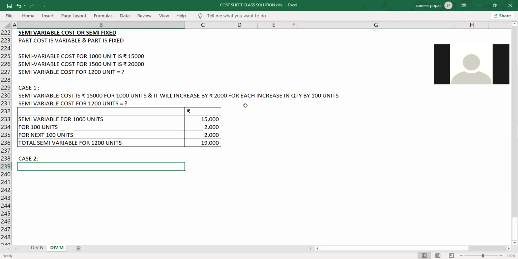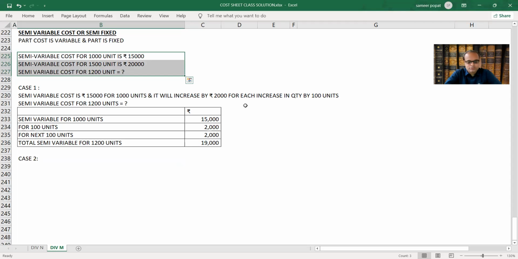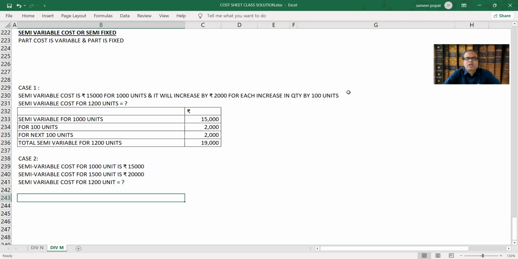Now, let us take case 2. Suppose I just copy this information here for case 2. Suppose they were given that semi-variable cost for 1000 units is 15,000. For 1500 units, it would be 20,000. And we need to find semi-variable cost for 1200 units.